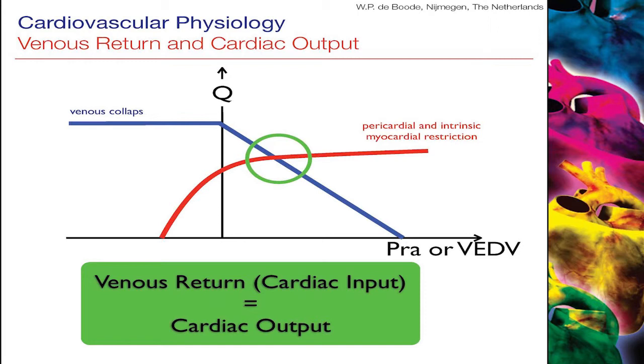Well, there's an interaction, of course, of venous return and cardiac output. What comes out must first come in. So let's draw the venous return curve again, and we saw that already. Let's also draw the Frank-Starling curve. This is the point where venous return equals cardiac output, and that is the point where this patient is functioning at this moment.